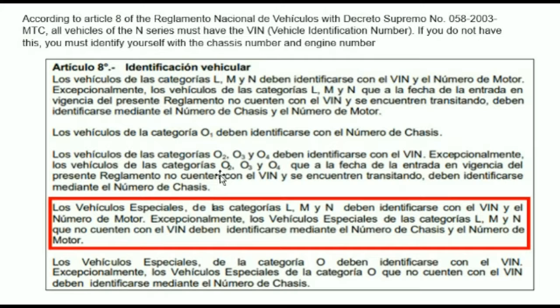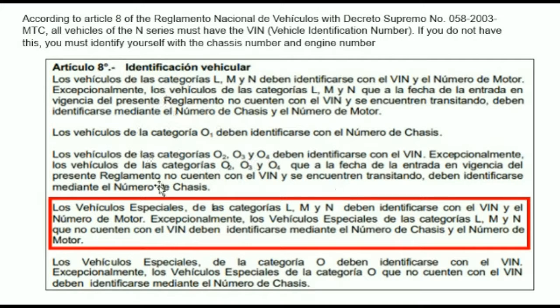Here says that all the vehicles of the N series must have the VIN, and what is this? It is the vehicle identification number. If the vehicle doesn't have this, it's necessary to present the chassis number or the engine number.